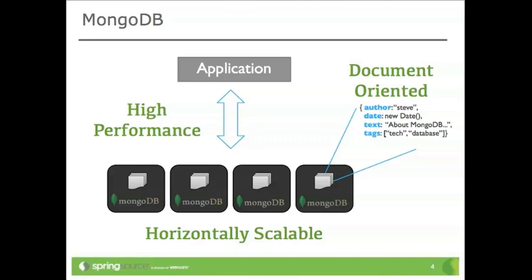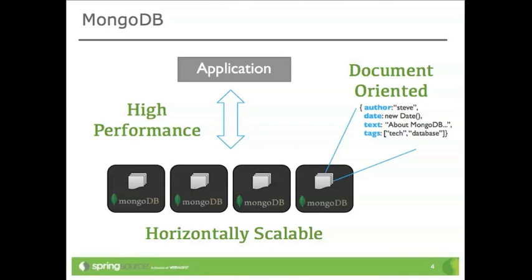Traditional relational databases have been around for a very long time, and they present some challenges with things like complex object relational mapping frameworks, and we find that they don't map very well to our modern practices. So MongoDB is designed to be a very agile database to support a much richer data model than we're used to in a relational world, and it's designed to work very well with things like Spring and Cloud Foundry.